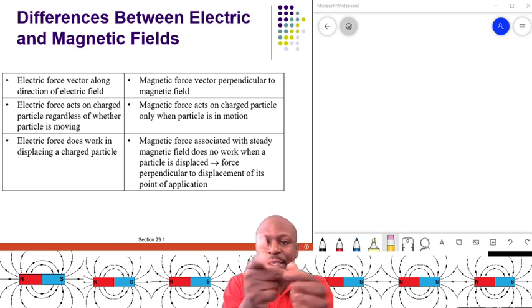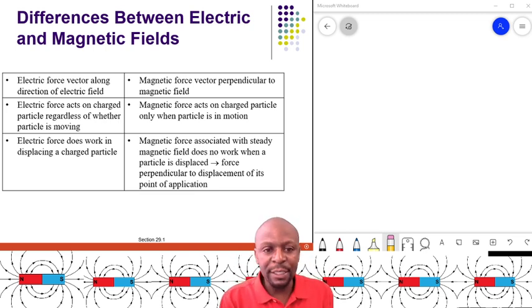Now the electric force acts on charged particles regardless of whether the particle is moving, but the magnetic force acts on charged particles only when they are in motion. The electric force does work in displacing a charged particle, but the magnetic force associated with a steady magnetic field does no work when the particle is displaced. The force is always perpendicular to the displacement of the point of application.